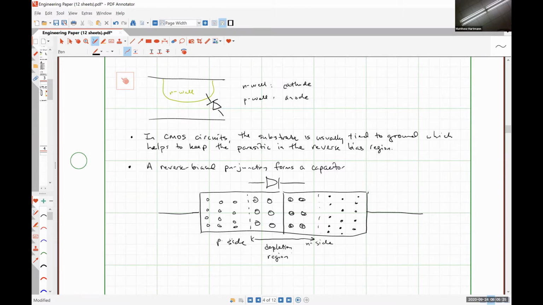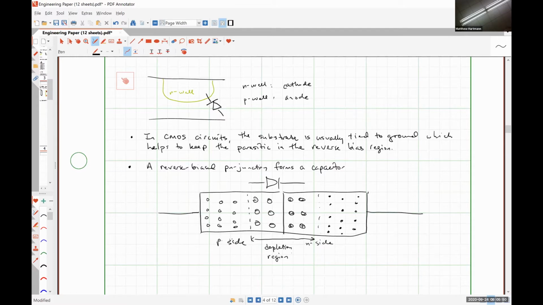And we can control the depletion region width by applying a bias voltage. The more negative the voltage that we apply across the PN junction, the depletion region gets larger and larger, which in turn causes the capacitance to decrease and decrease.